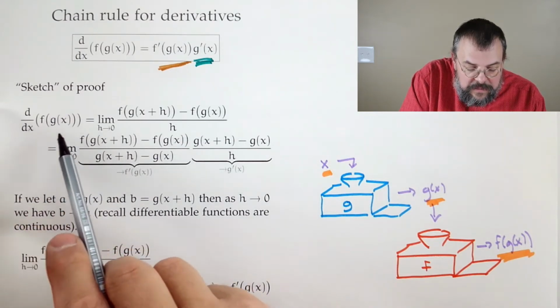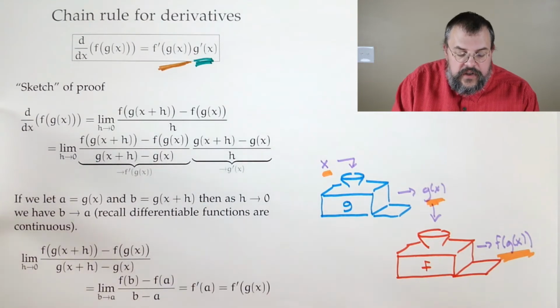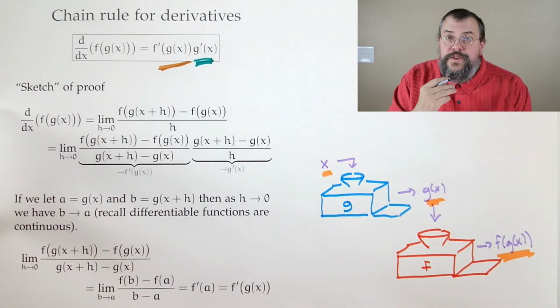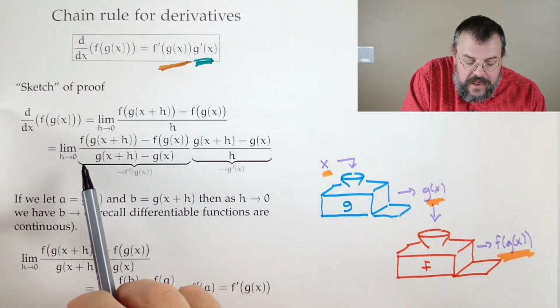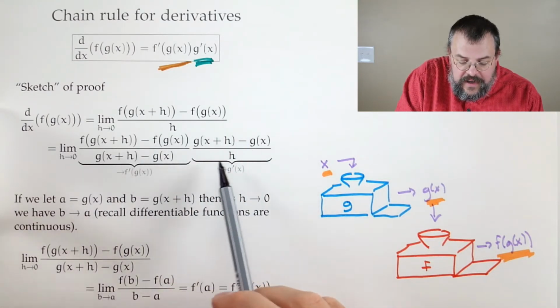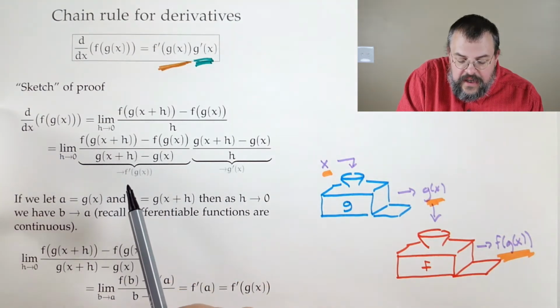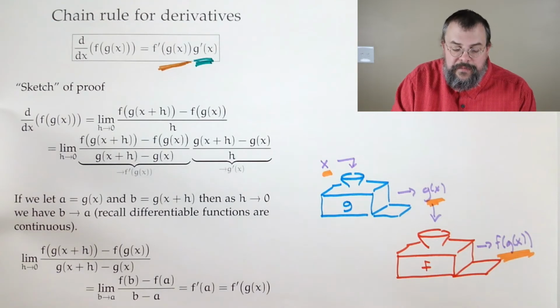Because I take this expression, replace x by x plus h, minus the expression, all over h. Well, now we're going to multiply by a well-chosen one. You see, what we've done at the next stage is we've multiplied where we have a g of x plus h minus g of x upstairs, and a g of x plus h minus g of x downstairs, and we say, hey, those would cancel out and give us 1.